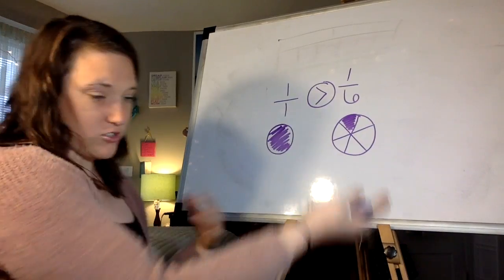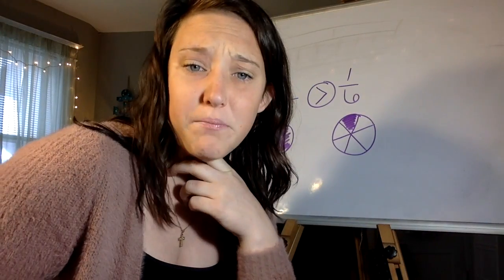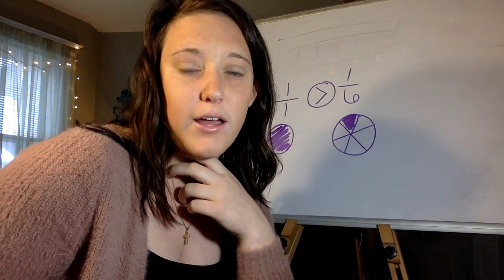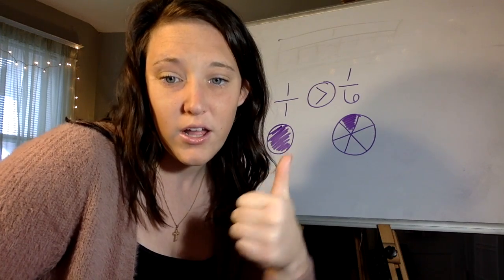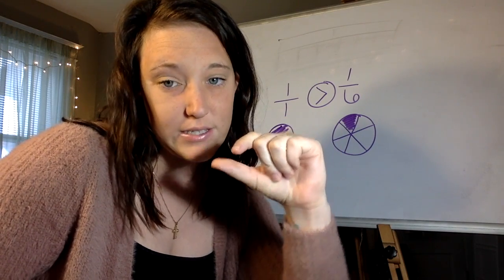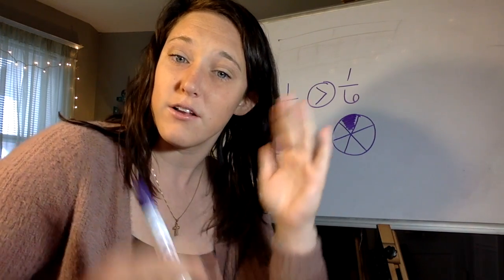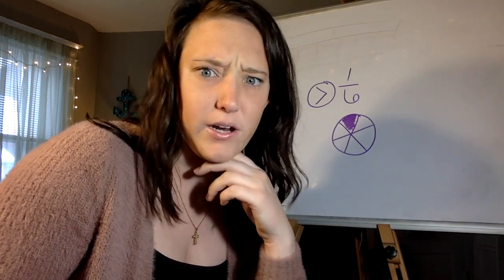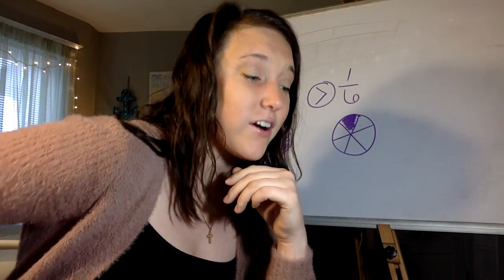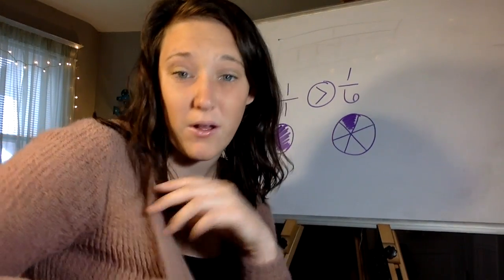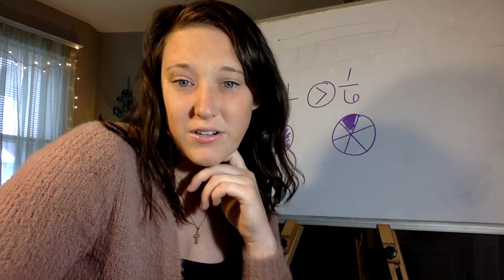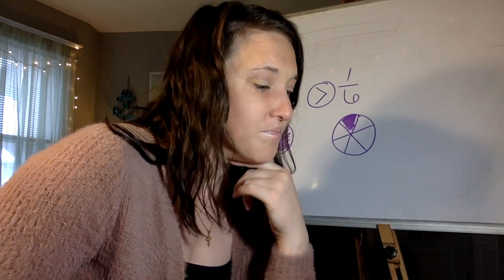Again, you can always draw a picture. Or just compare the fractions, keeping in mind that the larger the denominator, the smaller the pieces. The smaller the denominator, the larger the pieces.